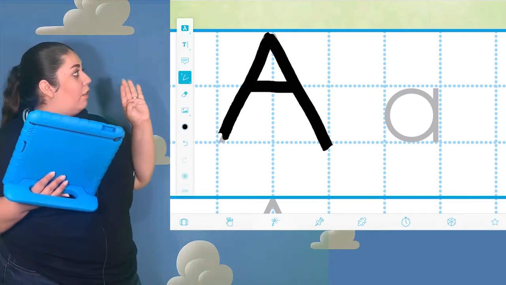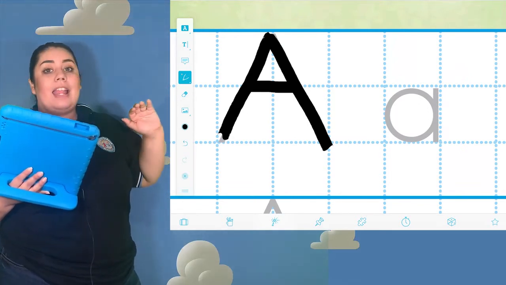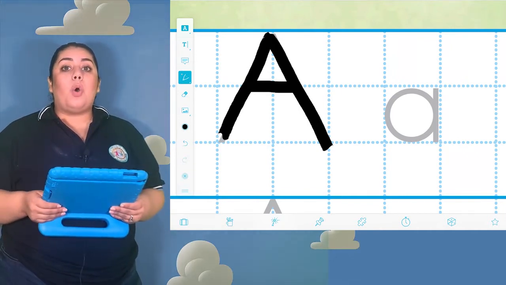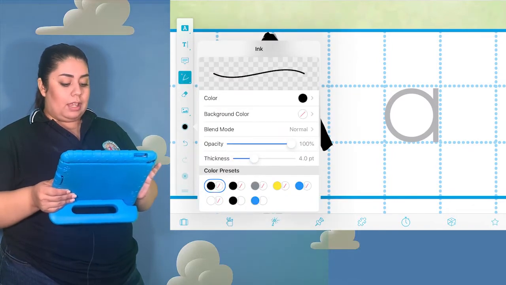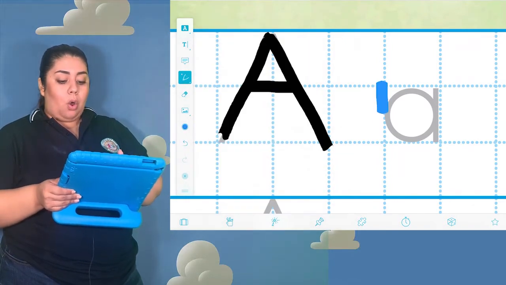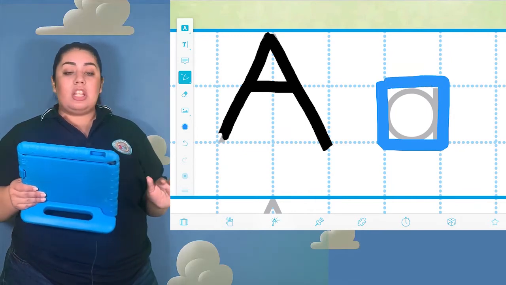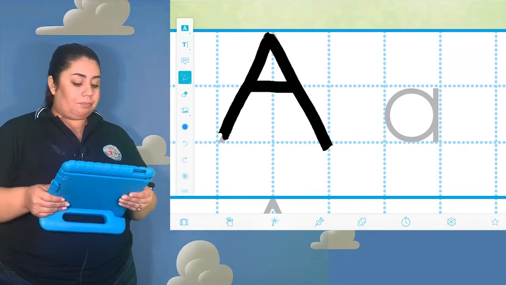In the middle of the 4 squares, I go down, and then in the middle, I make the letter A. And for the lowercase a, I am only going to use, see, I'm going to put it in blue, only 1 square. I'm not using more than 1 square, okay?